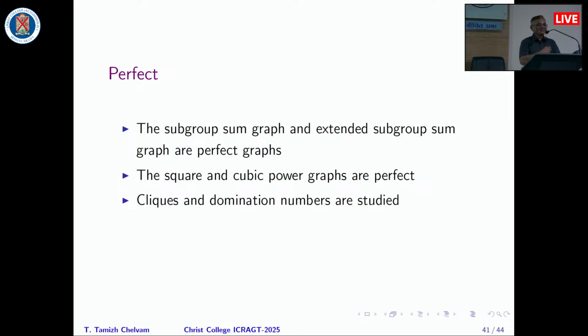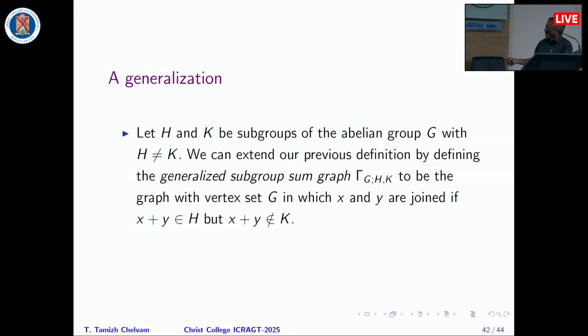Sir, in the open problem that you mentioned, you spoke about H and K. Are there any restrictions imposed on H and K? The only condition is x plus y in H, x plus y not in K. If we consider K to be a subgroup of H, then it would be an immediate generalization. Already K is a subgroup of G. Any other restriction you want to impose, you can put forth.